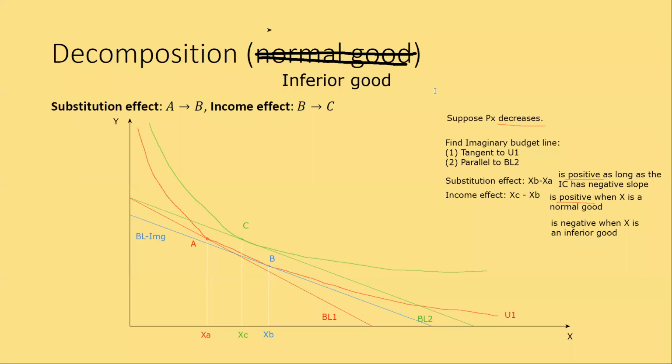So the sign of this income effect obviously depends on whether the good is a normal good or an inferior good. So now what can we say about the overall effect? The overall effect, which is adding the substitution effect to the income effect, right? So the overall effect is the substitution effect plus the income effect.